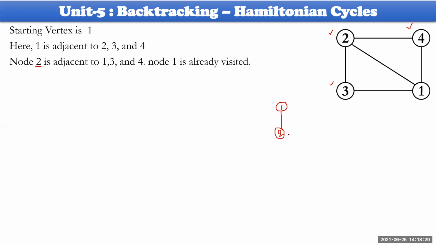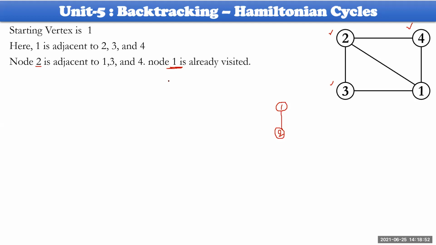Yes, 2 has been selected. 2 is adjacent to 3, 1 and 4, but 1 is already visited, so we have to eliminate it. Two more vertices are there, 3 and 4. So let us select which vertex is going to be selected at this particular point.